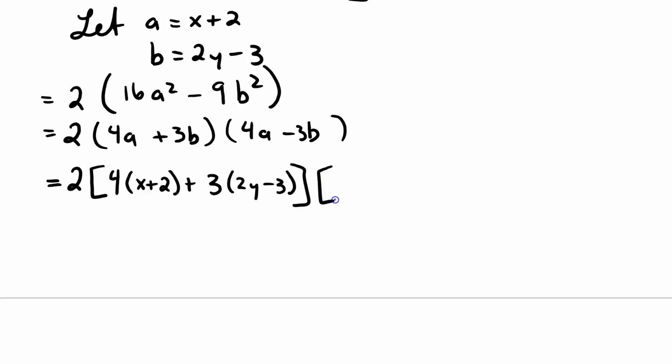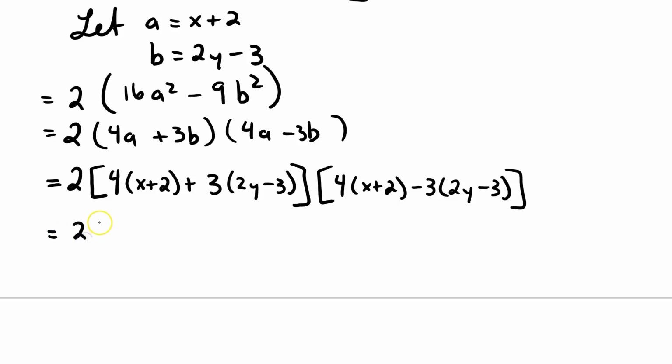And then the next one, 4a, which is x plus 2, minus 3b, so minus 3 times 2y minus 3. And just remember, we're substituting them back in brackets because this negative could really throw us for a loop if we don't contain it.